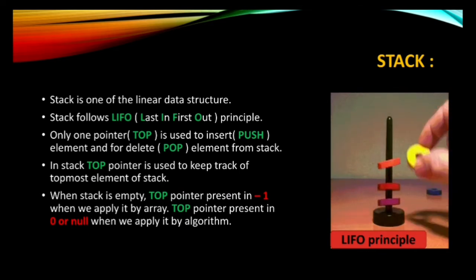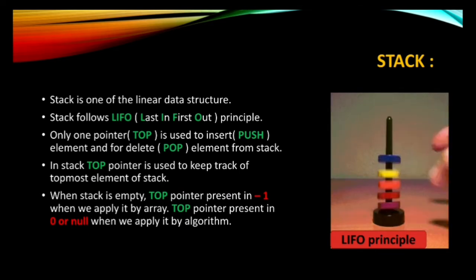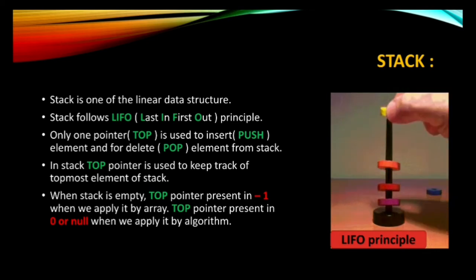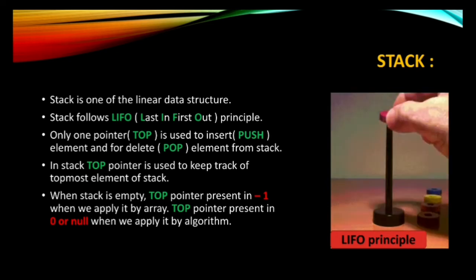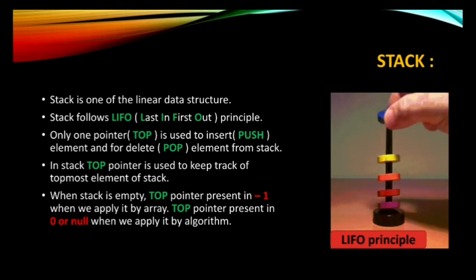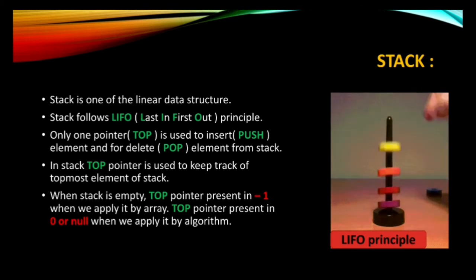When the stack is empty, the top pointer is at -1 when we are dealing with arrays, because in the 0th location of an array we have one element. If we do not have any element in the stack, then the location will be -1. If we are dealing with an algorithm, at that time we can say the top pointer should be at the 0th location or null location, and then we move further with counting 1, 2, 3, 4 and so on.